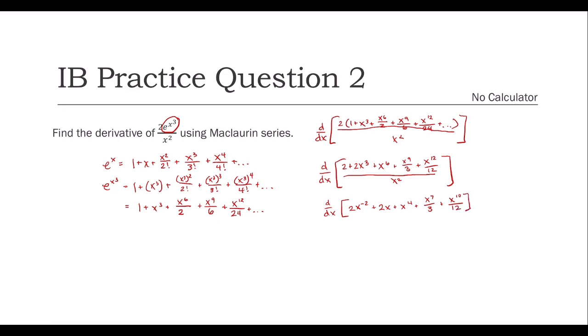So when we take the derivative, we get negative 4 x to the negative 3 plus 2 plus 4x cubed plus 7 over 3 x to the 6th plus 10 over 12 x to the 9th, which we can simplify to 5 over 6. So we get our final answer of negative 4 over x cubed plus 2 plus 4x cubed plus 7/3 x to the 6th plus 5 over 6 x to the 9th.